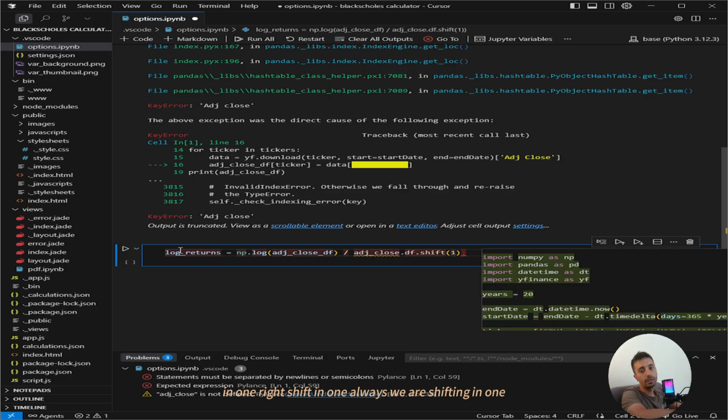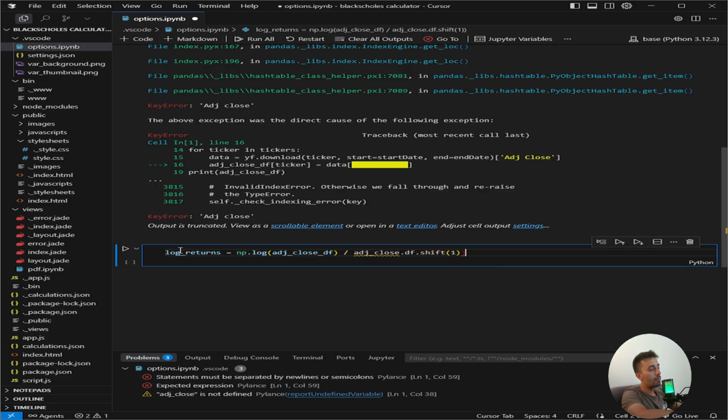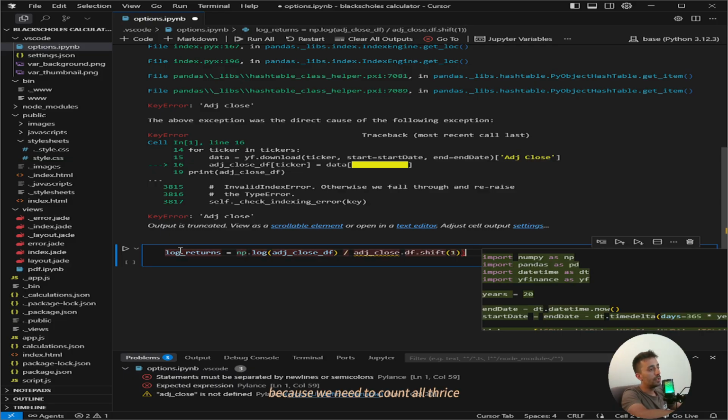Always we are shifting by one because we need to compare all prices respectively. If you want to compute your data respectively, you should take df.shift(1). Okay, guys.